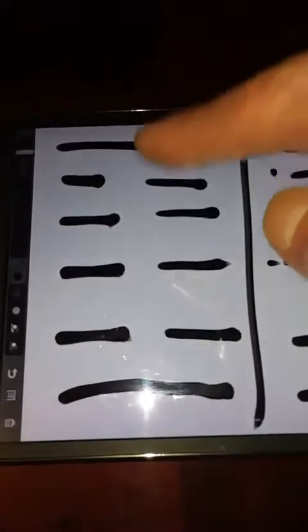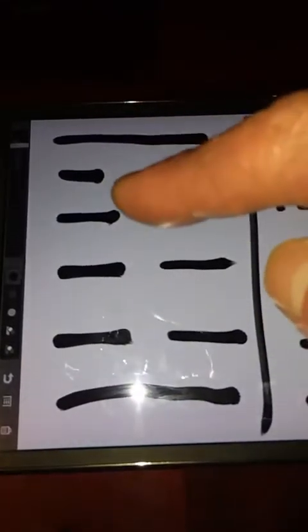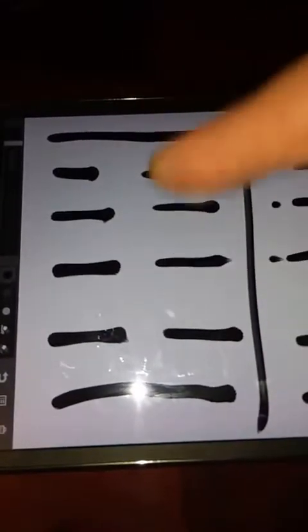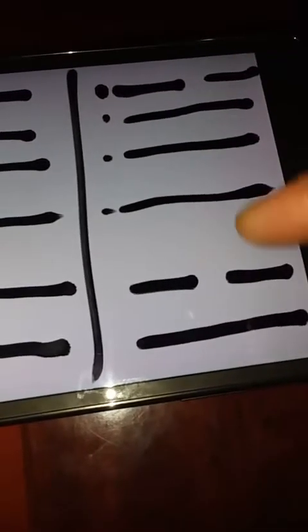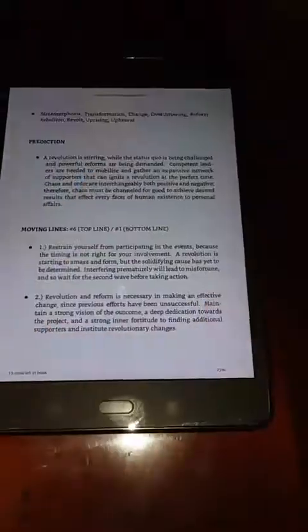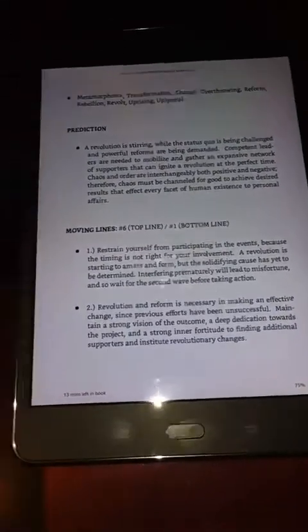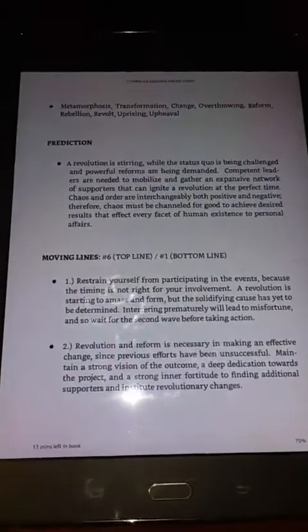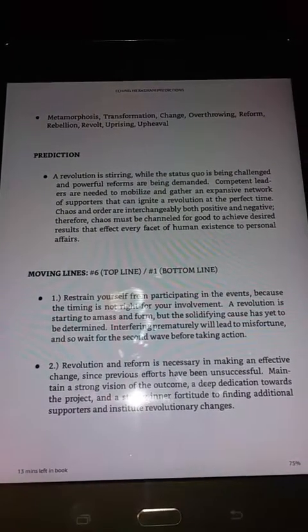So basically, being too dependent on people within our first hexagram, it was talking about nourishment, but it said do not be too dependent on others. But now that we're going on to this hexagram, this is what it's turning into, and it's turning into revolution. So what does our prediction have for us as a result from our present circumstances?